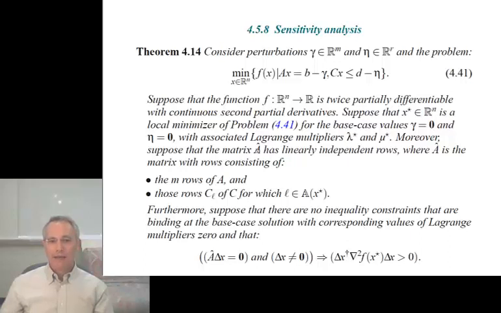And furthermore, again considering this matrix A hat, for any delta x such that A hat delta x is equal to 0 and delta x is not equal to 0, I need this expression to be greater than 0. Remember, we referred to this previously as the Hessian is positive definite on the null space of A hat.